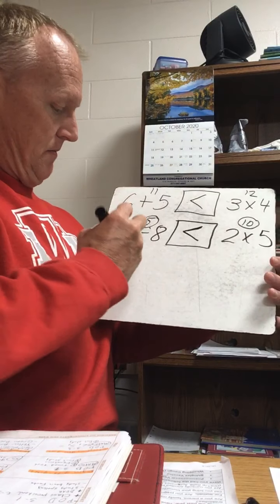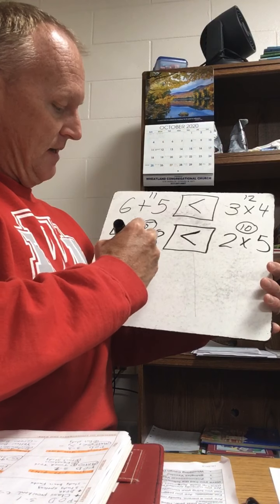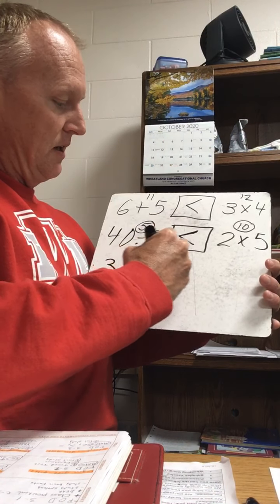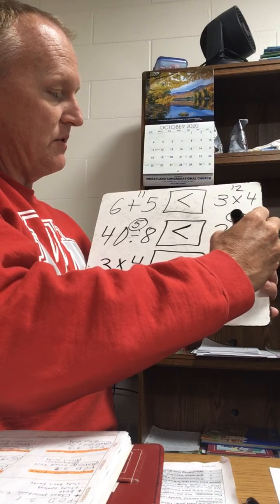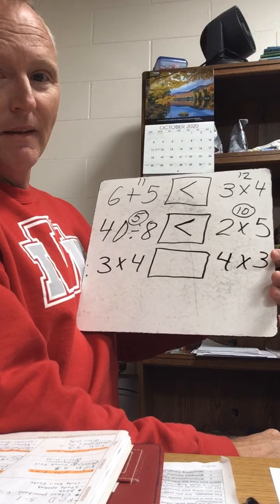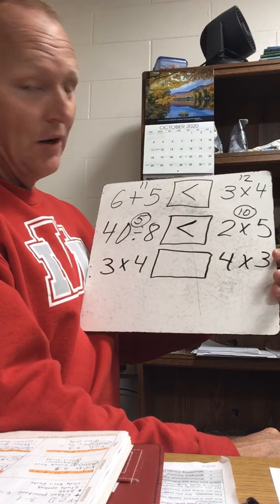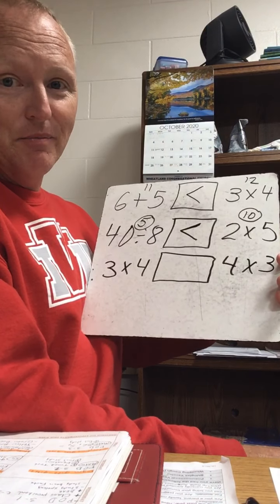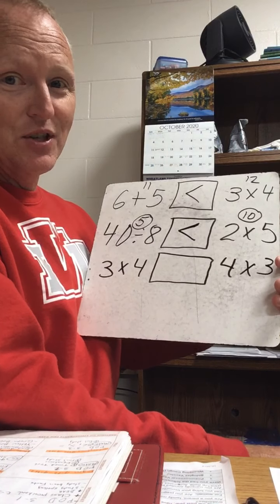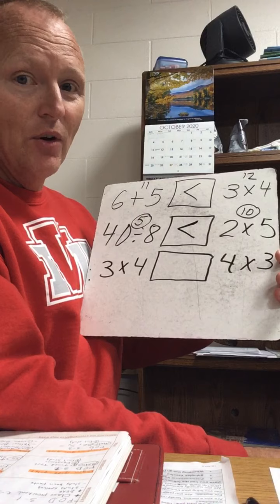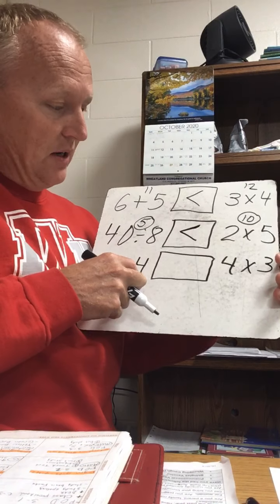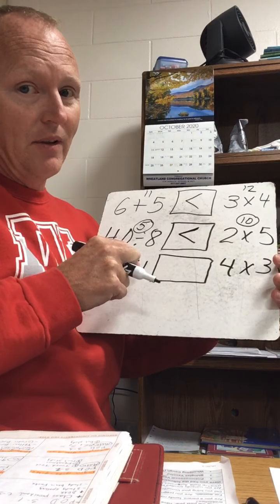Okay? All right, let's try another one. Let's try 3 times 4 being compared to 4 times 3. Now right away, if you've mastered your multiplication, you probably just look at that and within a second you say, they're equal. Well, how do you know that? Well, when you multiply two numbers together, you can flip-flop the factors.